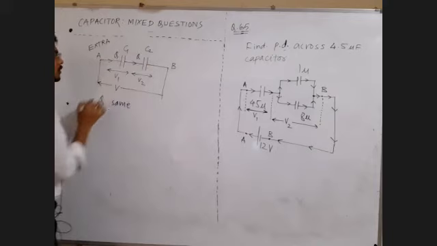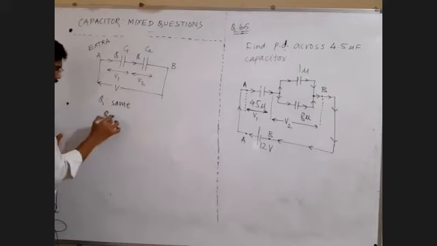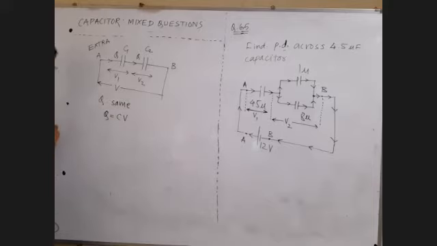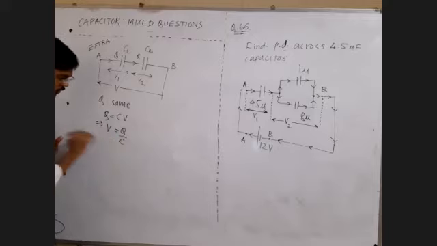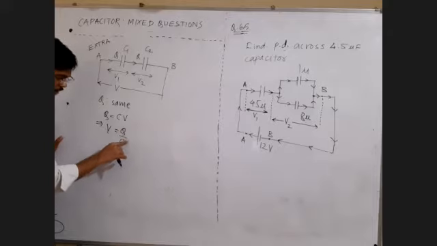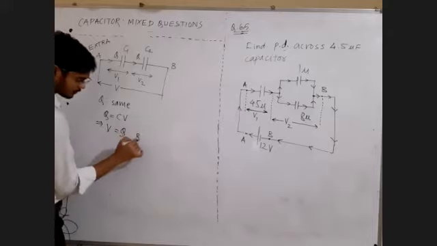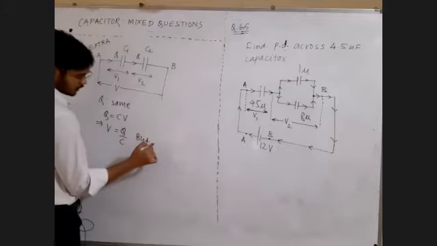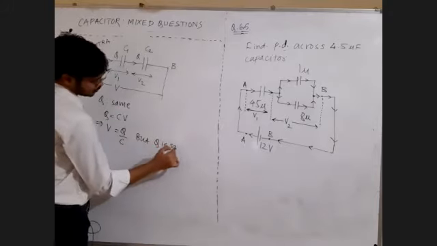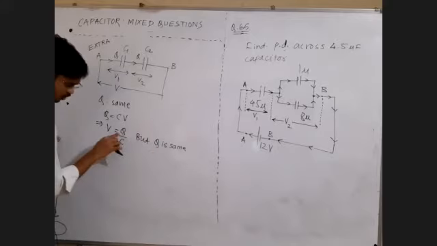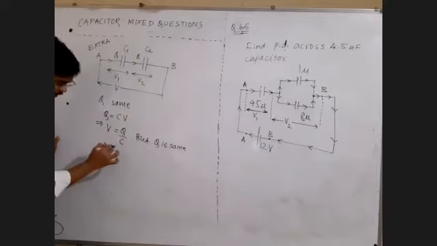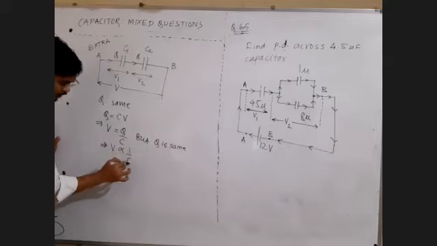The rule is Q equals CV, and we want to find V, so V equals Q upon C. But Q is the same for each capacitor, so V is inversely proportional to its own capacity.